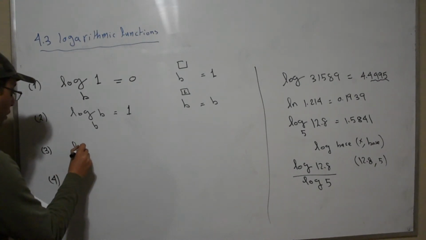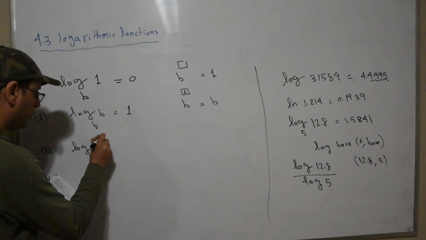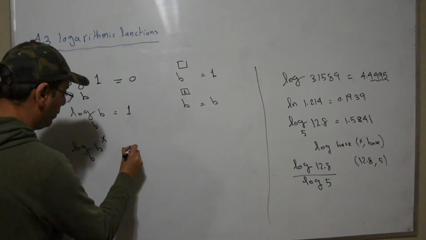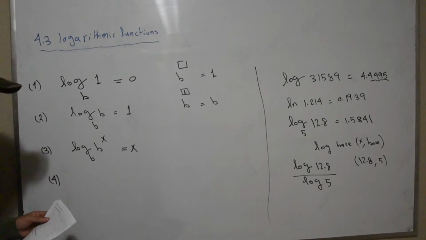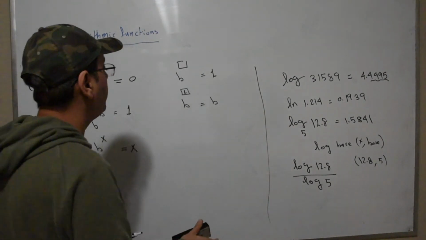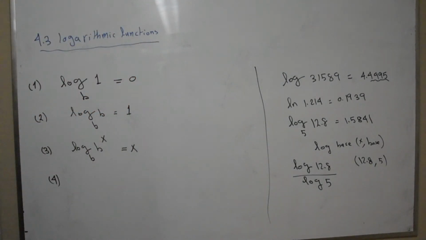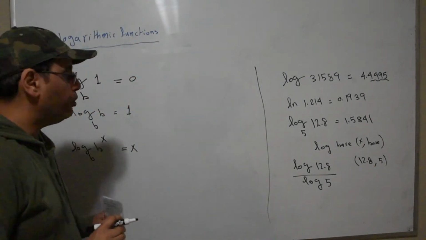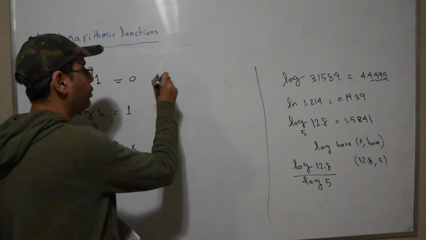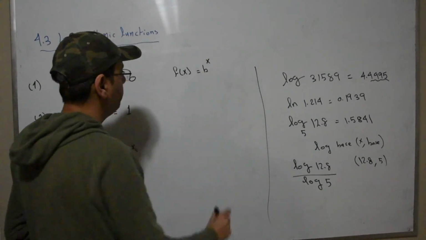Log base b of b to the x equals x. And I have to explain something here. How did I get this one? We learned before the exponential function f of x equals b to the x.